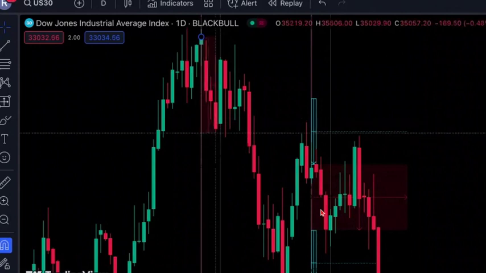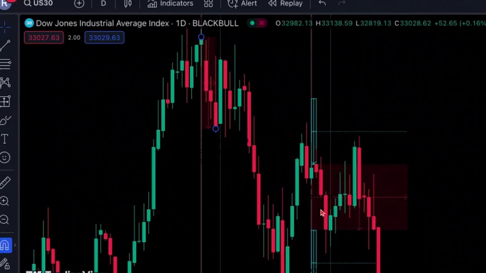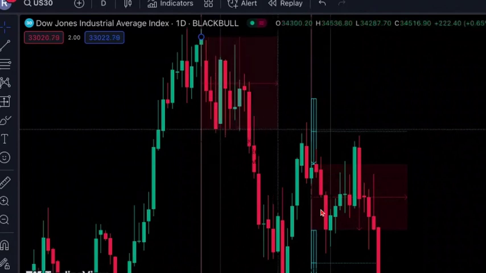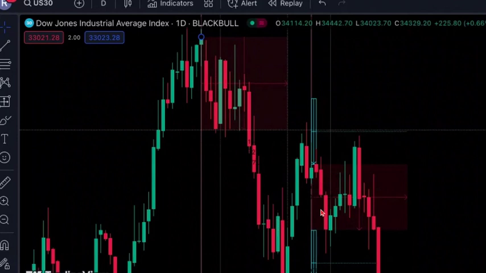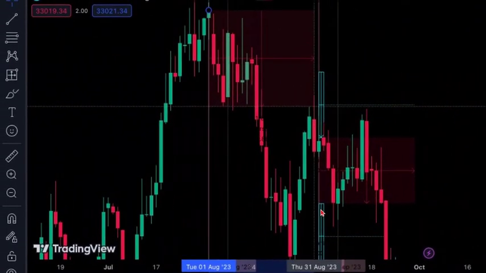First 5, the lowest value is going to be this one. Exactly, the bottom of the red candle. So the last day of August, right there.